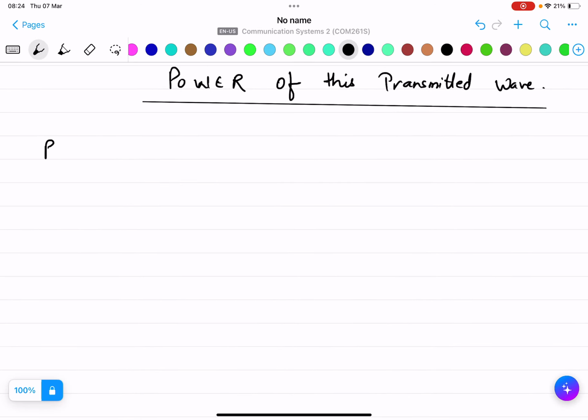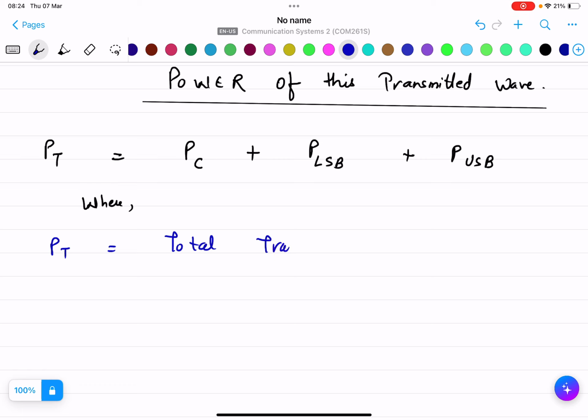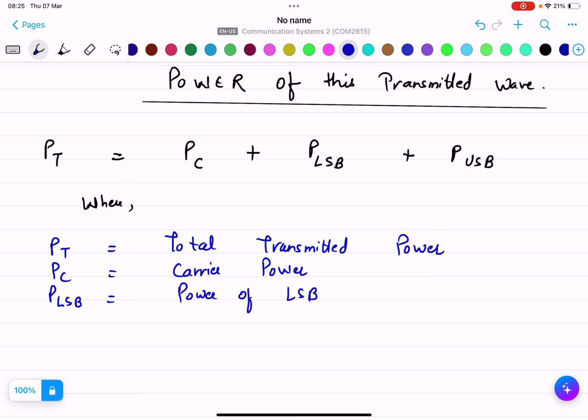We know the total transmitted power equals the power of the carrier plus P LSB plus P USB, where PT equals total transmitted power, PC equals carrier power, PLSB equals power of lower sideband, and PUSB equals power of upper sideband.